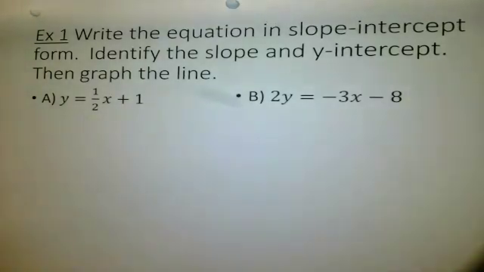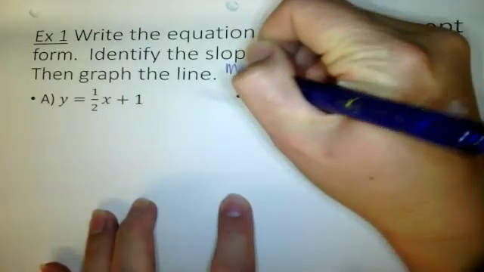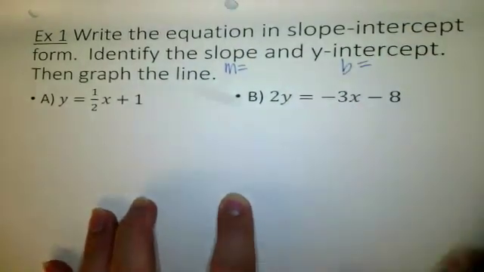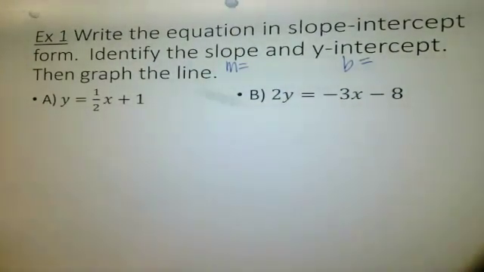Write the equation in slope-intercept form. Identify the slope and y-intercept, which means what does m equal? What does b equal? Identify the slope and the y-intercept, then graph the line. So we're going to be doing a couple of things, and again, on your bookwork, you might not have to do all of it.